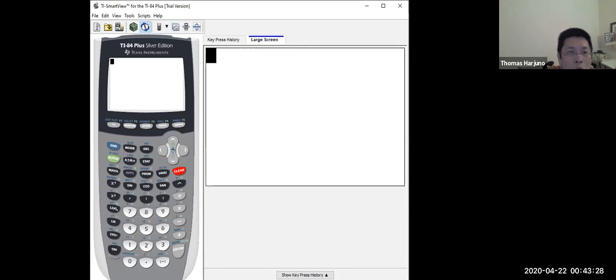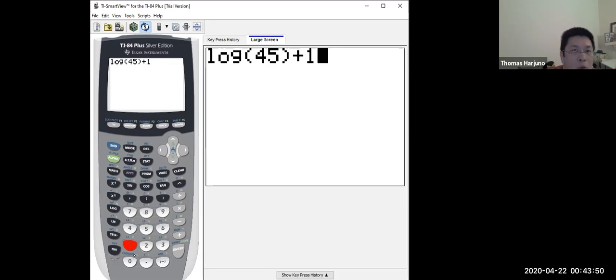Now, I will compute log. You see that once I press log, it has parentheses right away. Log 45, and I need to close that parenthesis. Then I add 1. If you don't use parentheses, it may mean something different.